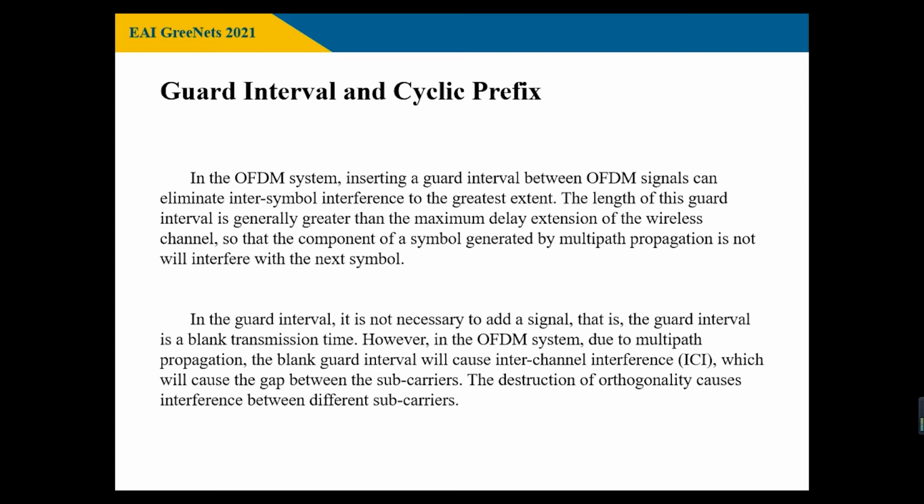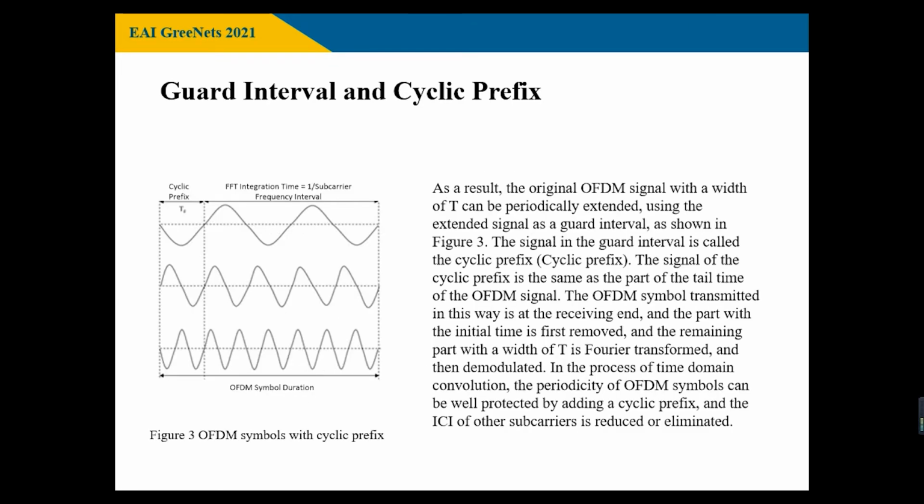However, in the OFDM system, due to multipath propagation, the blank guard interval will cause inter-channel interference, which destroys the orthogonality between the subcarriers and causes interference between different subcarriers.